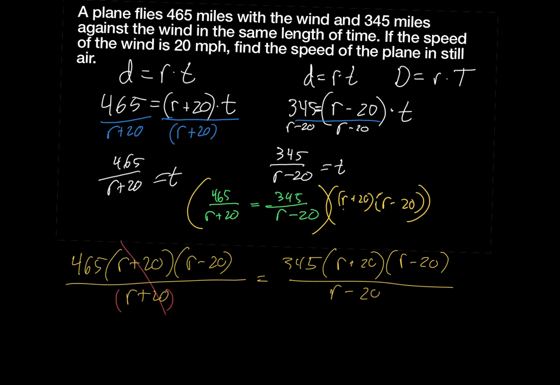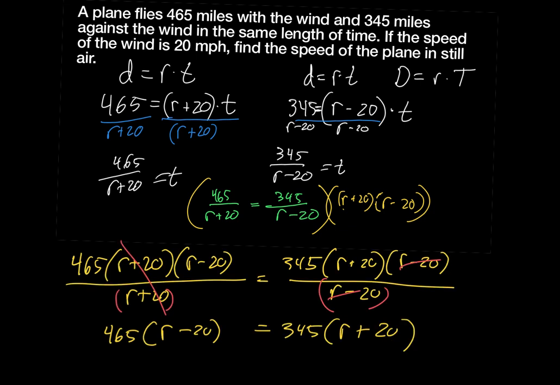These reduce. Those reduce because they're identical. On the left, I have 465 times (r minus 20) equals 345 times (r plus 20).